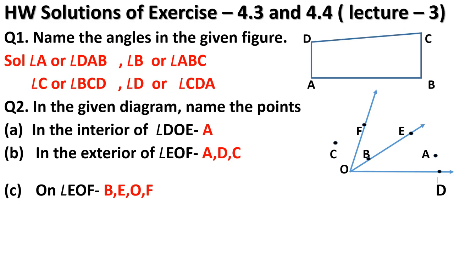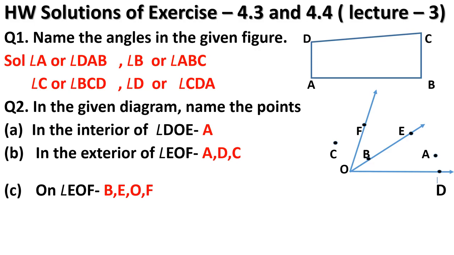Second, in the given diagram, name the points in the interior of angle DOE. First of all, be careful and see where angle DOE is. With your finger, mark DOE. Okay, now see which point is in the interior of DOE.